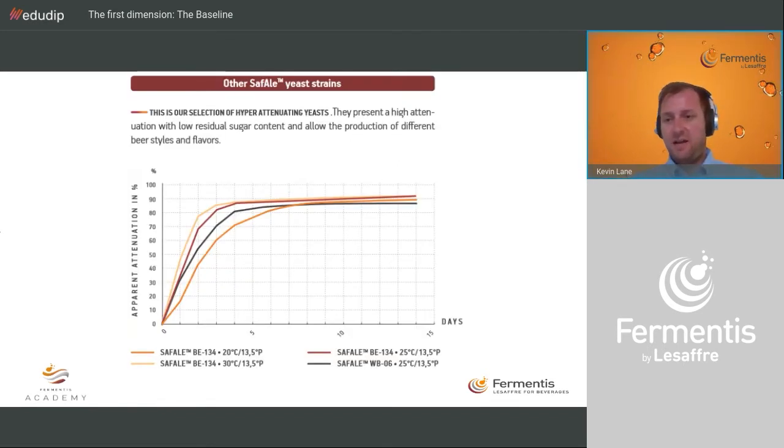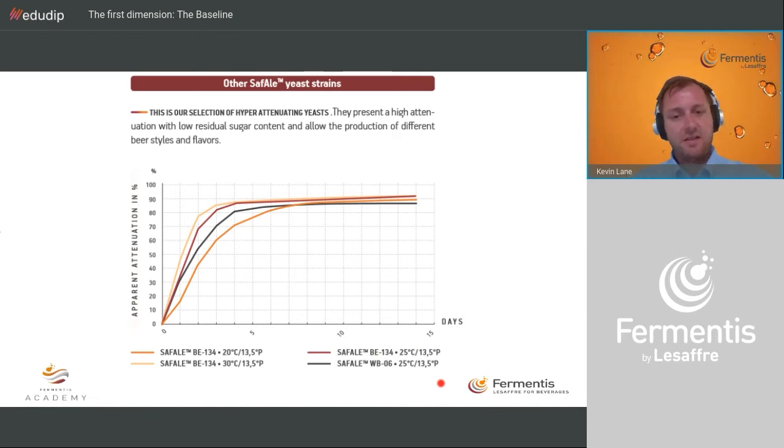Moving on, here's where we have the different fermentation temperatures with the ale yeast. So you have 20 degrees C, 25, 30 for BE134, and then WB06 at 25 degrees C, just as a kind of relatable strain. Here, again, you can see that there is clearly no lag phase.